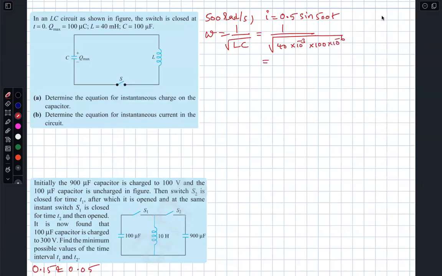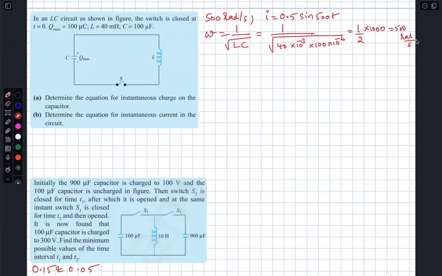And that works out to around 1 by 2 into 1000. This is 500 radian per second.